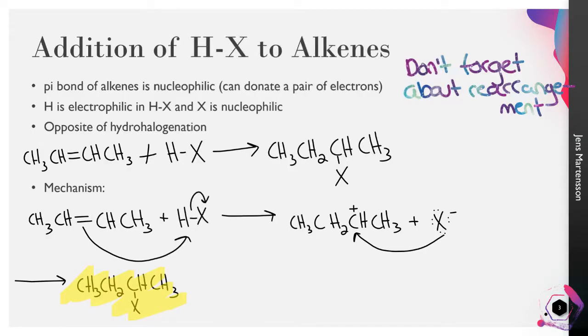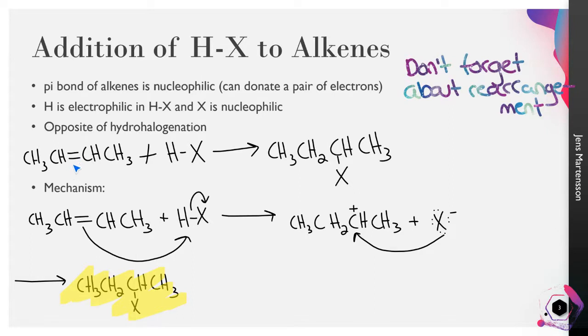So section 2 is basically just all about addition. The first type of addition we learned about was addition of HX to alkenes. That's a hydrogen and a halogen. So how this reaction works is you have an alkene, okay? You have a double bond, and we know the double bond is nucleophilic because we have this pi bond.